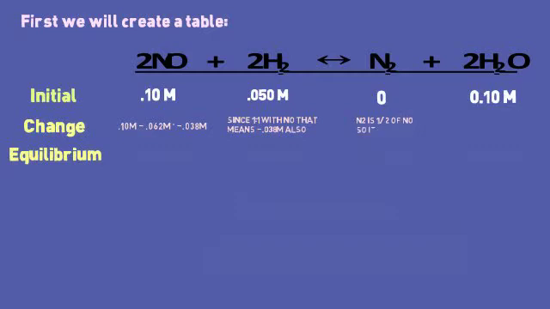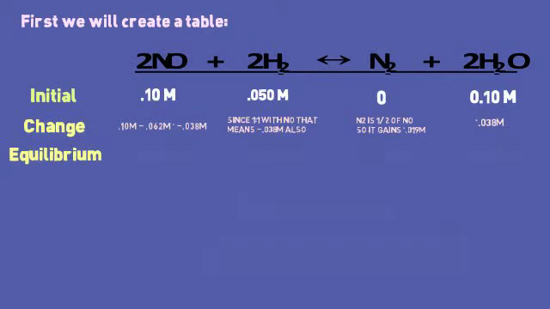N2 is 1/2 of NO, so it's going to gain 0.019 molarity. We're getting this from the balanced equation, like a little stoic thing. And this is twice that, so it's going to go up 0.038 molarity.